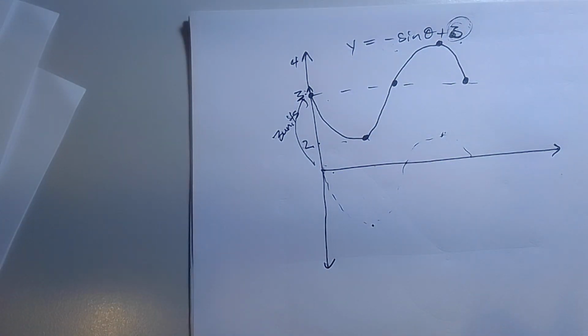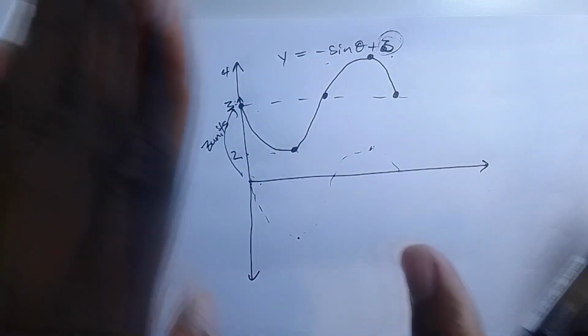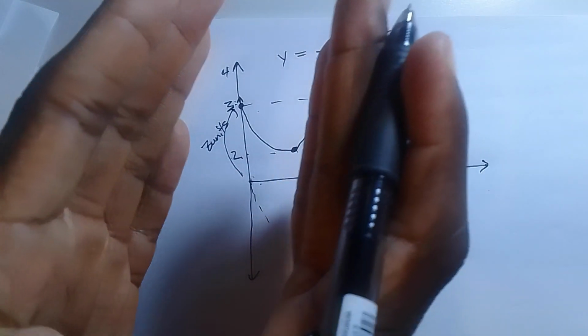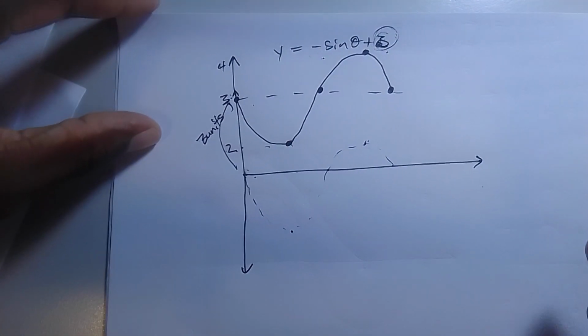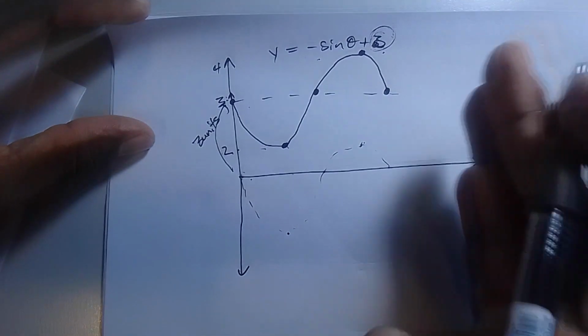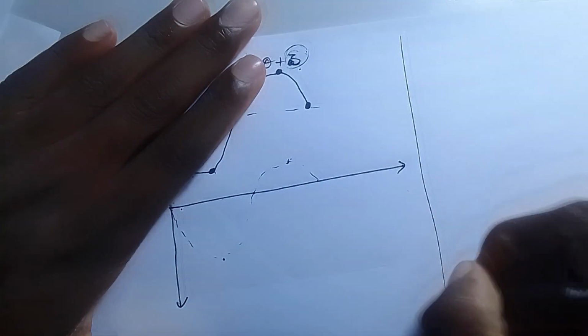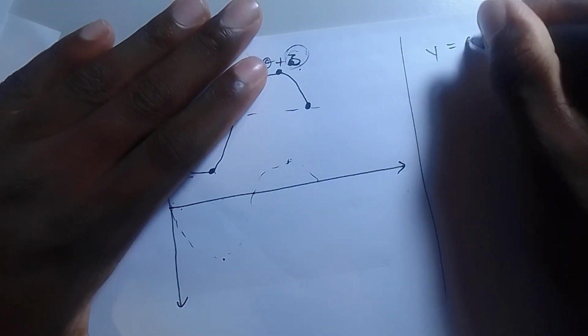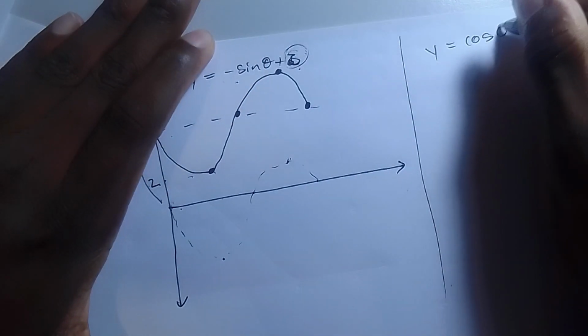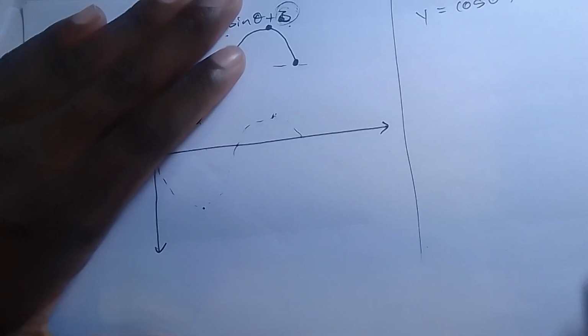We are still going to go into videos for shifting left and right and squeezing and stretching, but now we have only done these. Now let us go into sketching the graph of y is equal to cos theta plus 2.